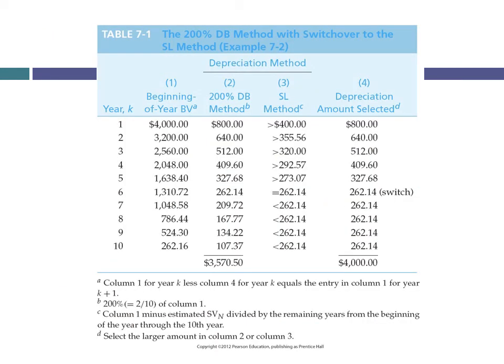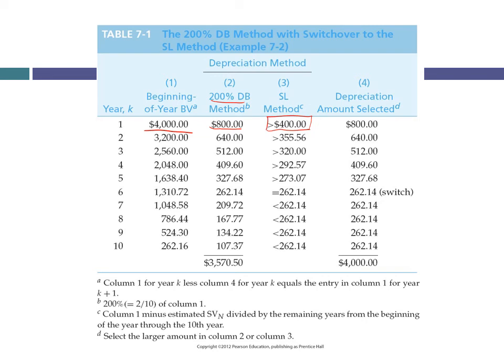This is the only change when you use 150% declining balance. And this table actually shows how we switch over from one method to the other. Look, this is the original cost value with 200% declining balance. This is the depreciation amount, and this is the straight line method depreciation amount, 400.